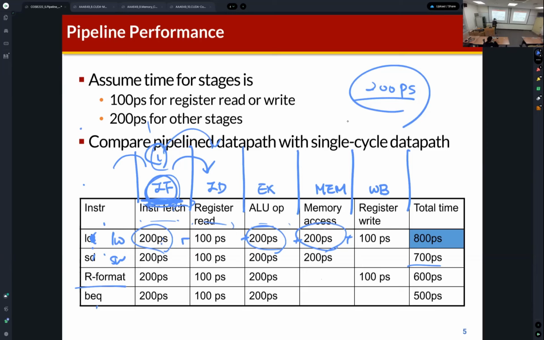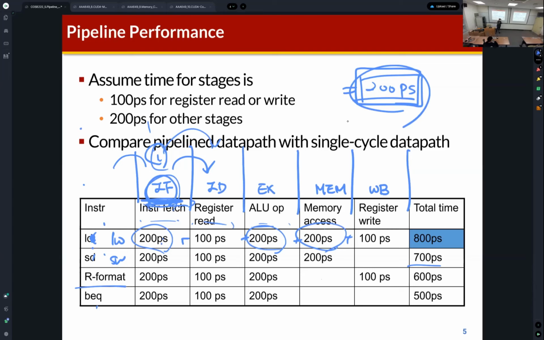So we can decide the clock period of the pipelining architecture based on this information. The clock period becomes 200 picosecond. It is because if we just focus on the instruction fetch stage, the instruction fetch stage can receive an instruction every 200 picosecond, right?